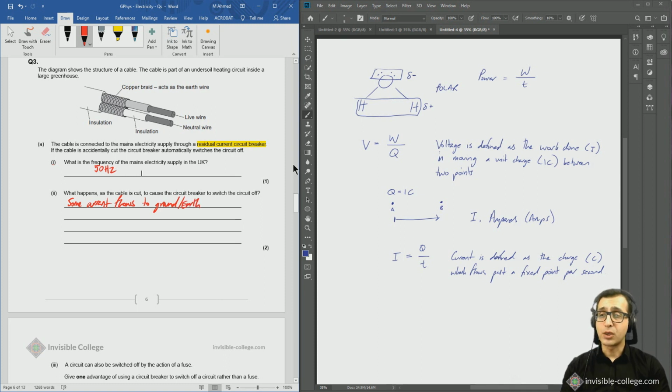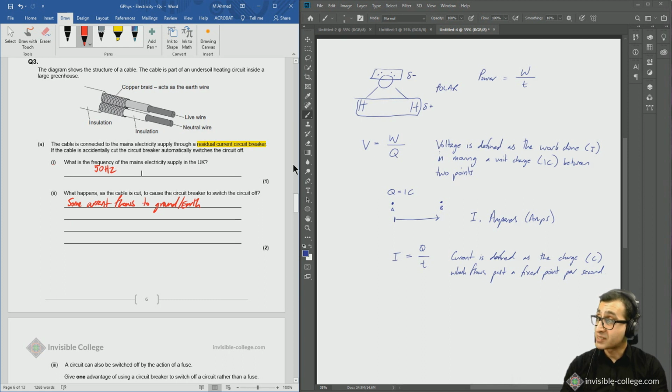Now, the second thing that you could say for a mark is that the current, because it's flowing to earth, is going to be flowing through the copper braid. Right here in the stem of the question, they're telling you that this acts as the earth wire. So if you're going to be cutting through this wire, visually imagine what's going to happen if you take a blade and cut through this wire. Well, what's going to happen is you're breaking the insulation which separates these live and neutral wires from the copper braid and from each other.